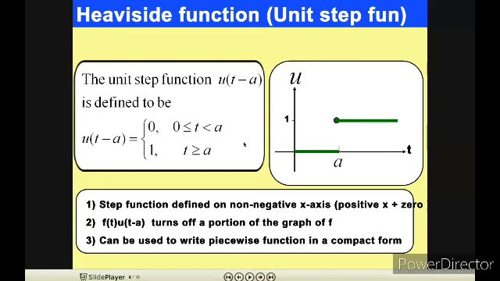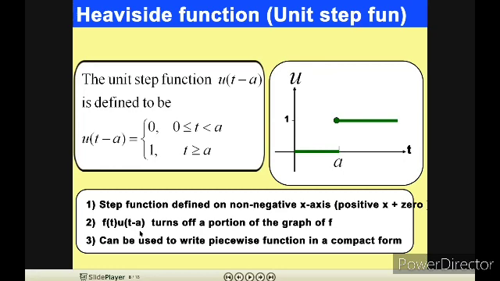The function is identically 0 for any value of t between 0 and a, and it is equal to 1 for any value of t greater than a. If we multiply any function f of t with u of t minus a, the unit step function turns off a portion of the graph of f.